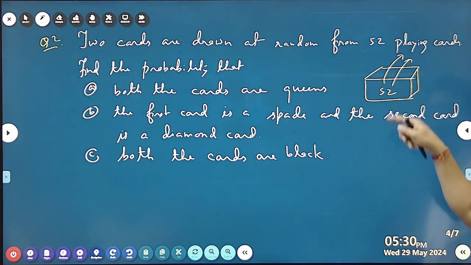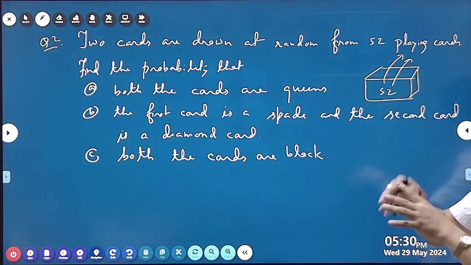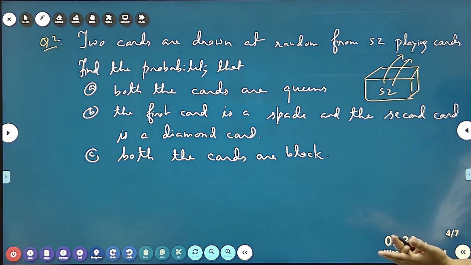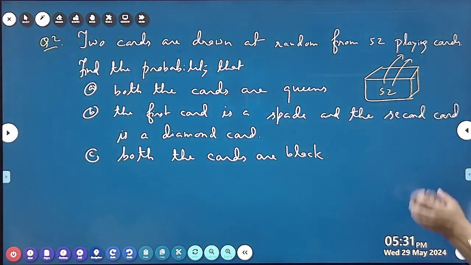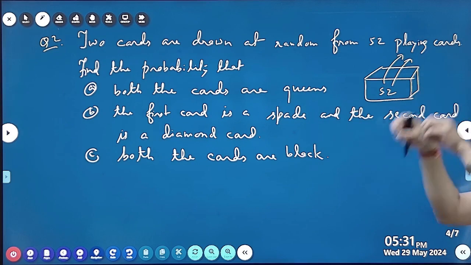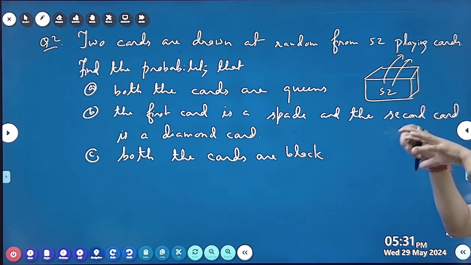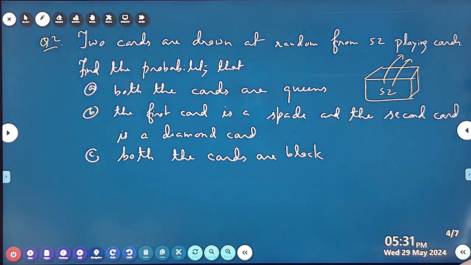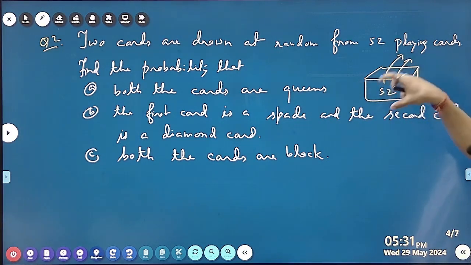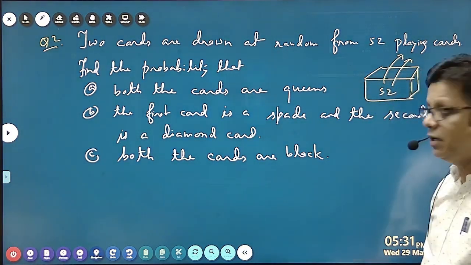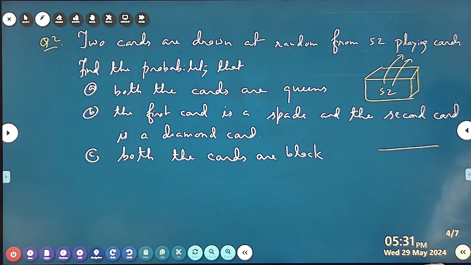So how many such possible pairs can be taken out? That means in what different ways we can take these two cards. Of course, it will be more than 52. Yes or no? So when 2 cards are taken, 3 cards are taken, the total number of outcomes in the denominator. You know this denominator is always the total number of outcomes.